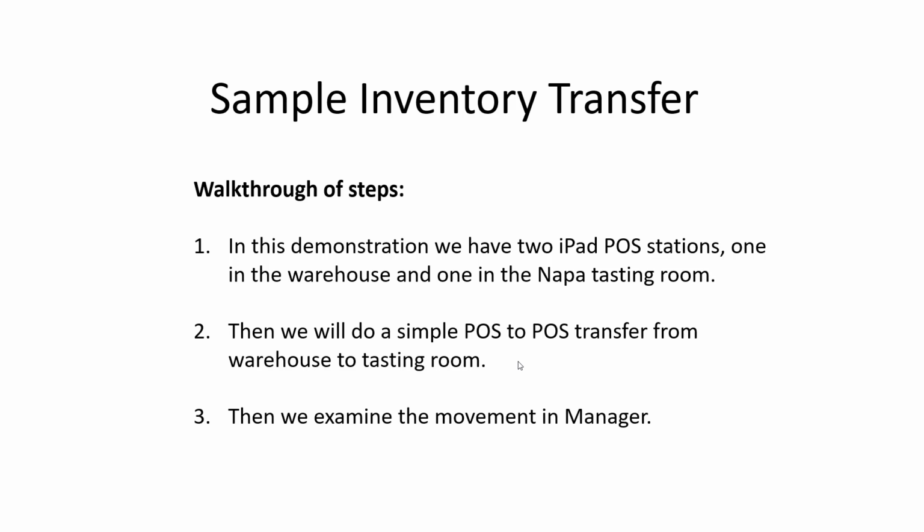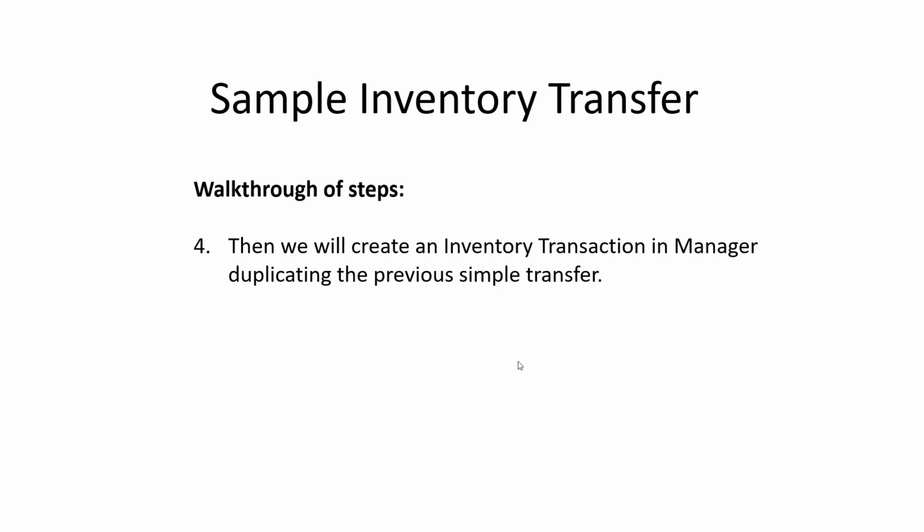And then we're going to go look in Manager to see what happened, what this movement looks like. The next we're going to do is create an inventory transaction in Manager, duplicating the previous simple transfer, but this is being done to show you the difference.